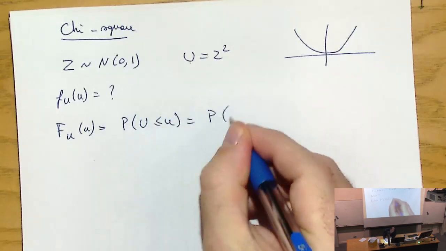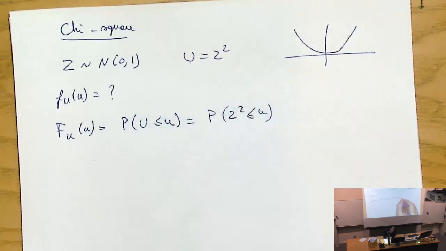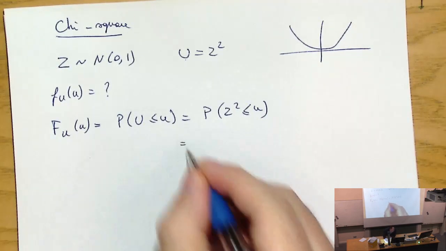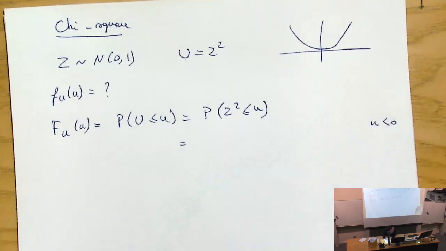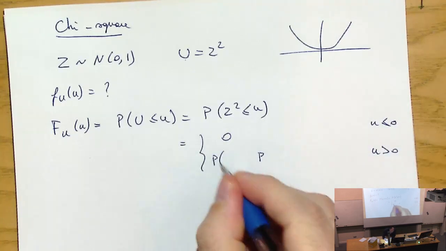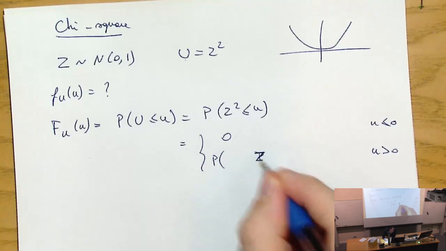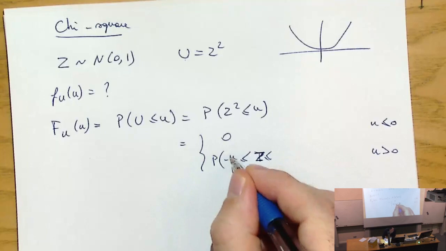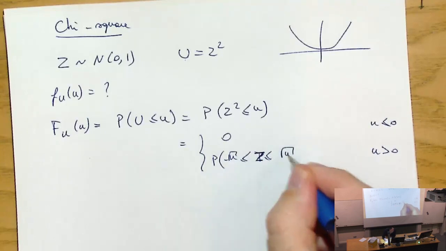This is the probability that z squared is smaller or equal to u. Now, obviously, if u is negative, or equal to 0, this quantity is actually 0. If u is positive, then what we have is the probability of z being contained between minus square root of u and square root of u.